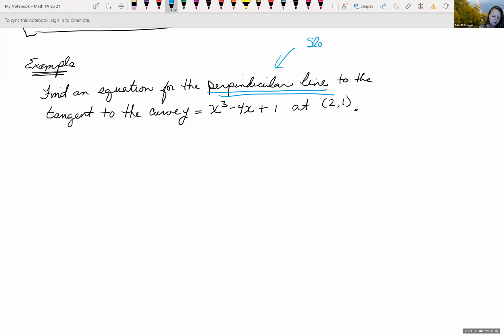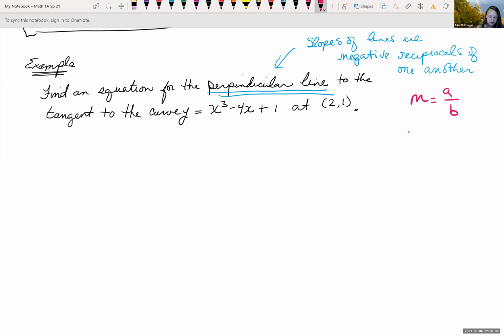So slopes of lines are negative reciprocals of one another. For instance, if I know my m is equal to a over b, my perpendicular slope, so back in geometry, that upside down capital T means perpendicular, would be the opposite sign.